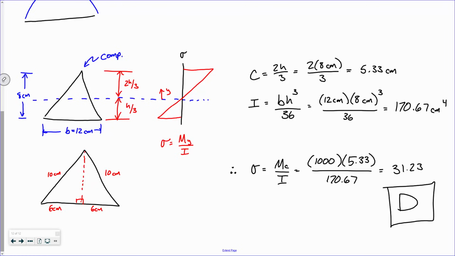Ultimately, though, it doesn't matter, because what if it came out to be 312.3 or 3123 or 0.003123? It's a nice thing about metric. All it is is a matter of multiplying by 10 or dividing by 10 a number of times. Make sense? That's it. Next.